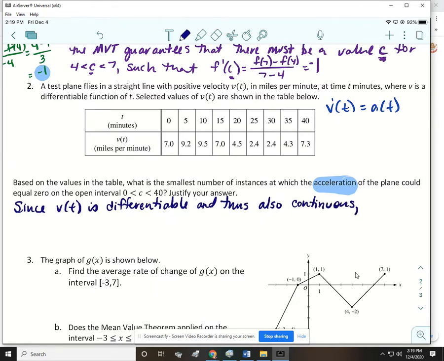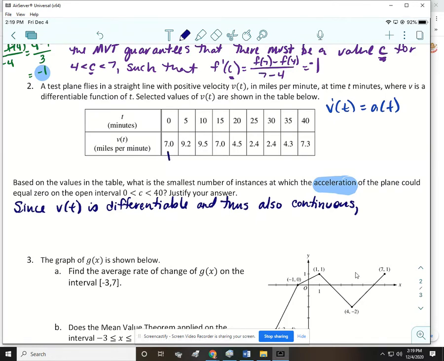All right, so we want to find points on this table at which the average rate of change of the velocity is 0. That would mean that when you're subtracting, you get 0 in the numerator. So that would make the velocities equal. And it makes sense, hopefully, to you. The acceleration is 0, the velocity is staying the same.